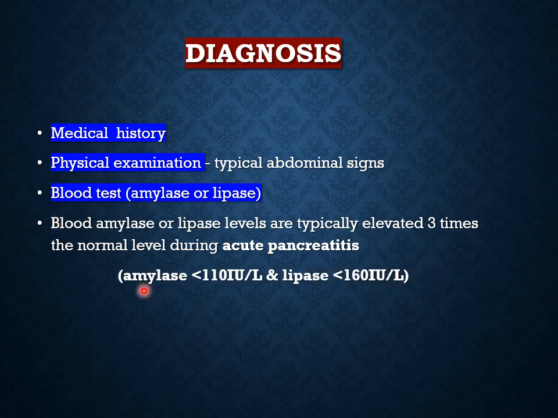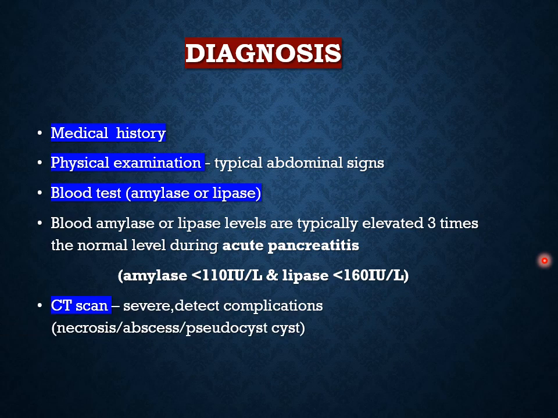The normal level of serum amylase is less than 110 international units per liter and lipase less than 160 international units per liter. A CT scan is required in cases of severe acute pancreatitis, and to detect the development of complications, which include necrosis, abscess, and pseudocyst.